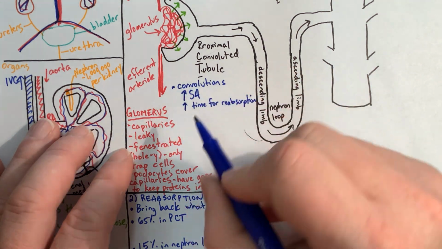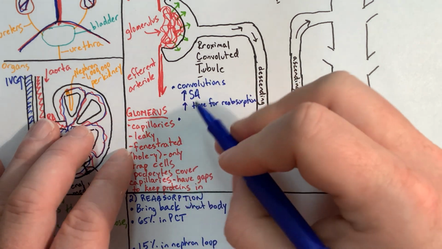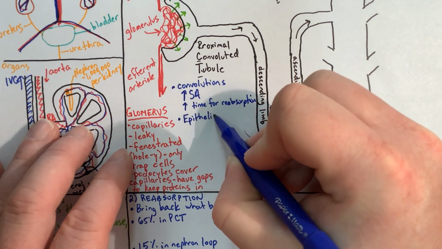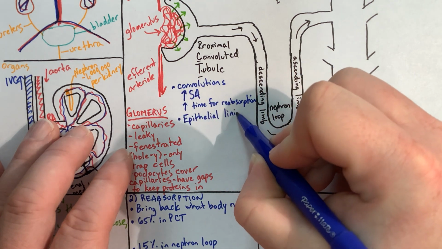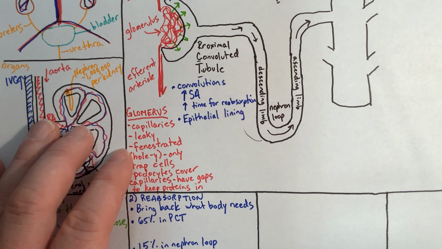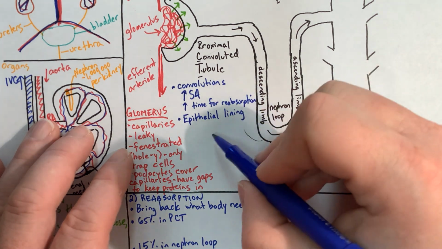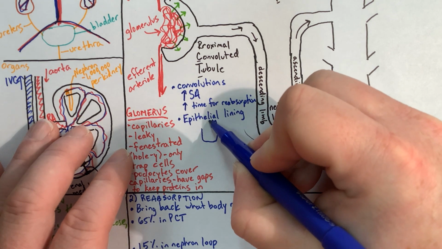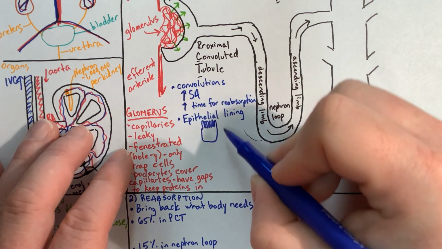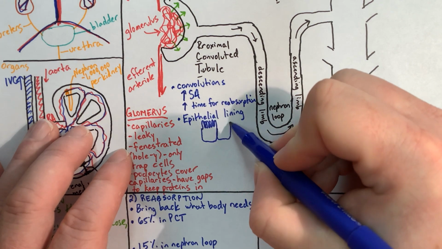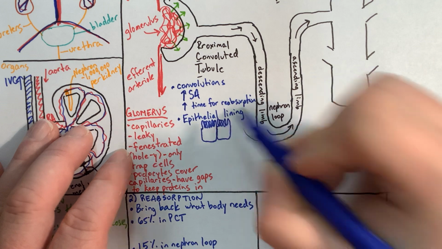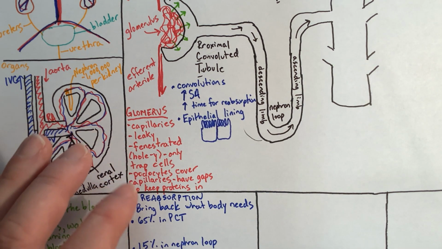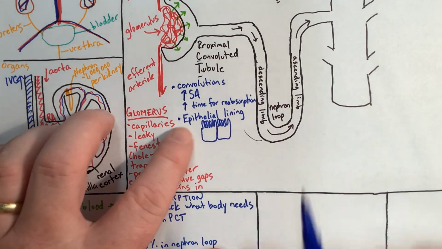One of the cool things about the proximal convoluted tubule is that it has an epithelial lining that has some cool cells on it. So if we drew some of those cells, we would draw them like this. And then we put these structures on there. And as soon as you get these twists and turns anywhere, the goal is going to be to increase surface area. So we saw that in the small intestine to increase the surface area for absorption.